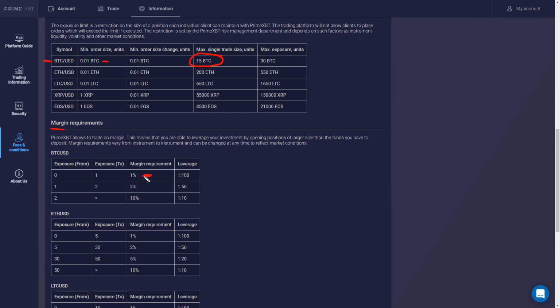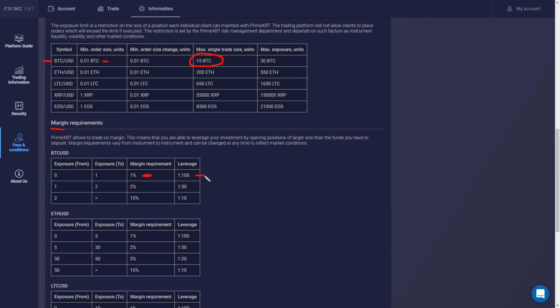A lot different from $25 or $3,000 on the XBT contract. So again, this very much favors the smaller trader that's just getting into retail futures trading. The leverage is 1 to 100, which in some cases does scare some people because that is like the maximum leverage of some exchanges like BitMEX. But you can always vary the position size.